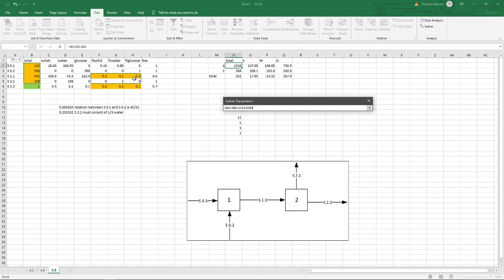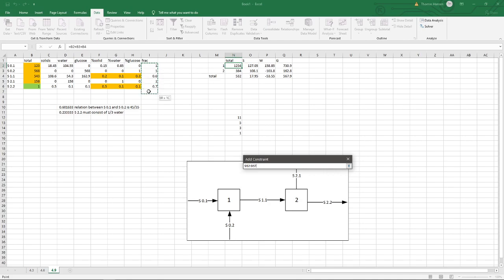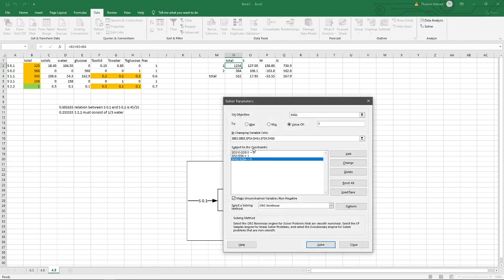These ones and these ones. And just out of habit, I want all of my fractions to be greater than or equal to 0 and less than or equal to 1. Fingers crossed. Boom.